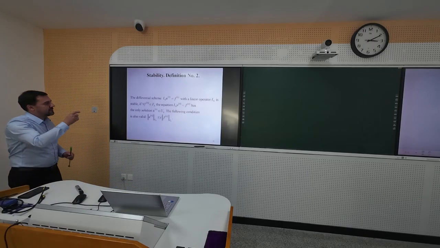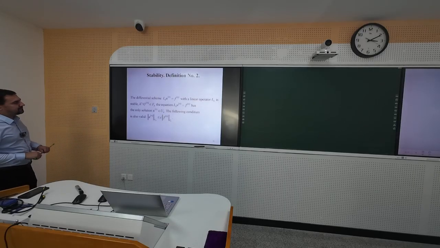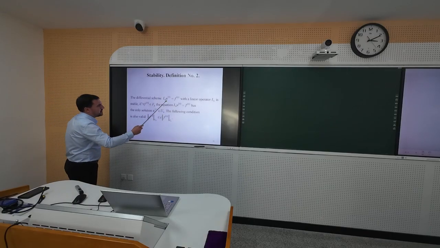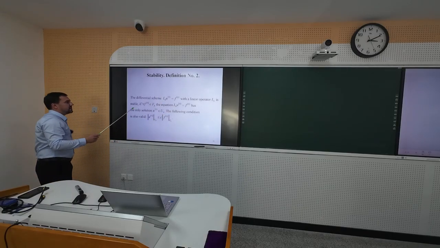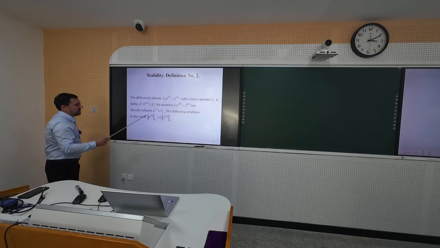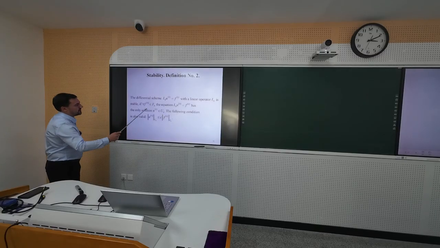This definition is the United States definition. It uses the knowledge that our operator LH is a linear operator. The differential scheme with linear operator LH is stable if your numerical solution is bounded.